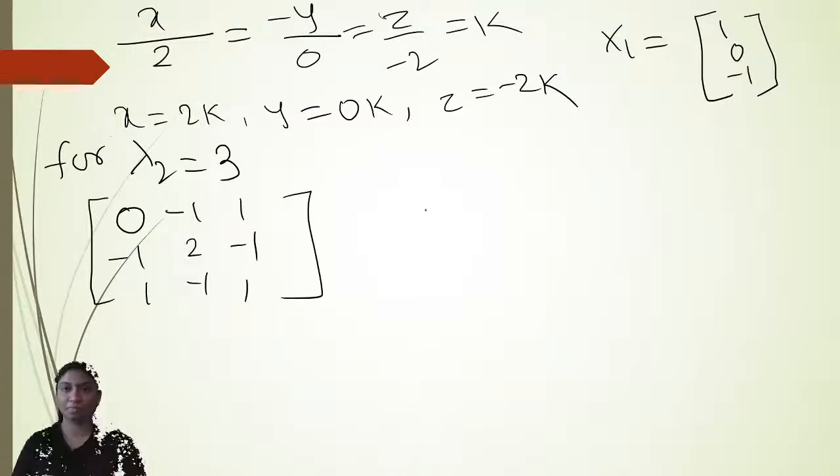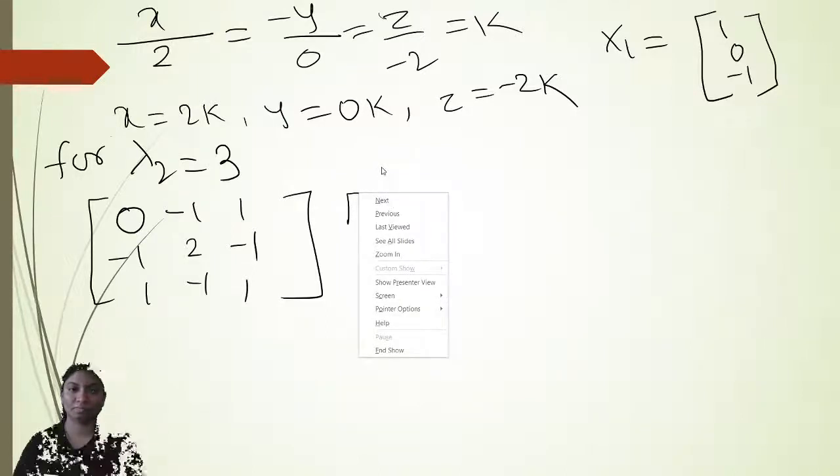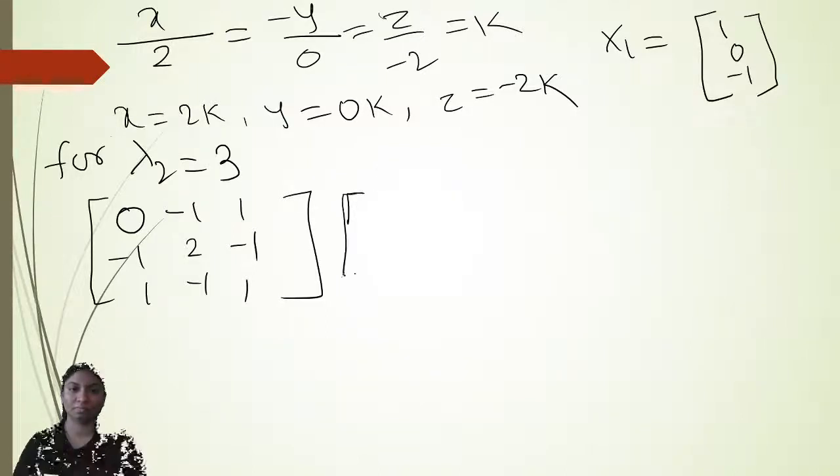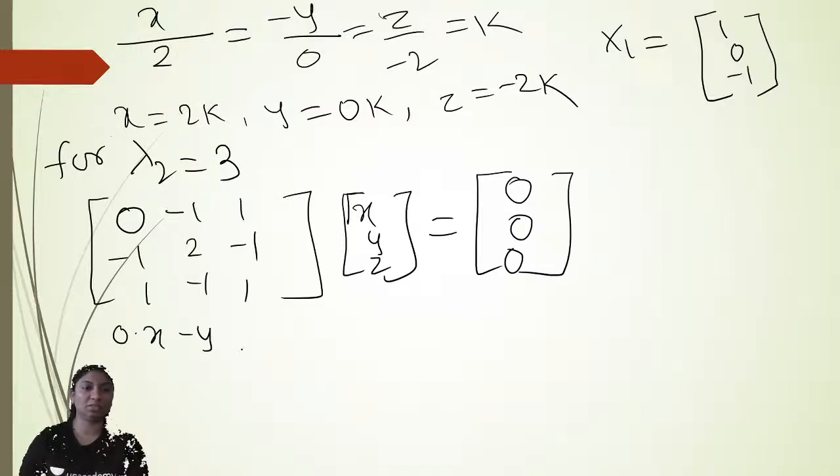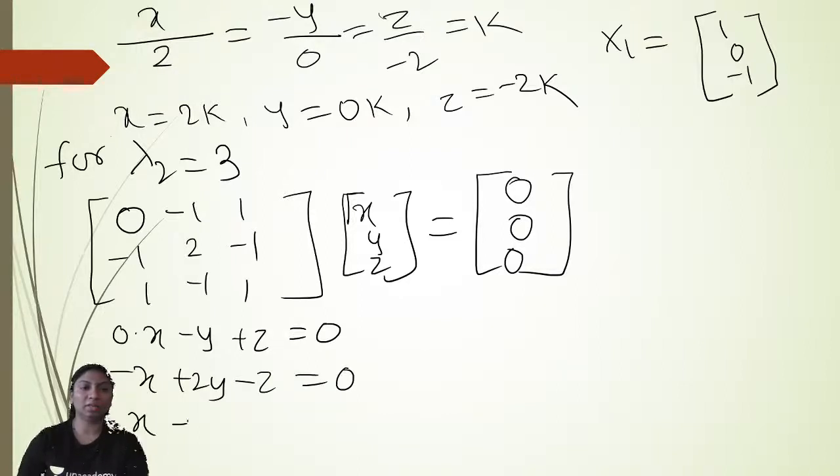Here is x y z, 0 0 0. So 0x minus y plus z is equal to 0, minus x plus 2y minus z is equal to 0, x minus y plus z is equal to 0.